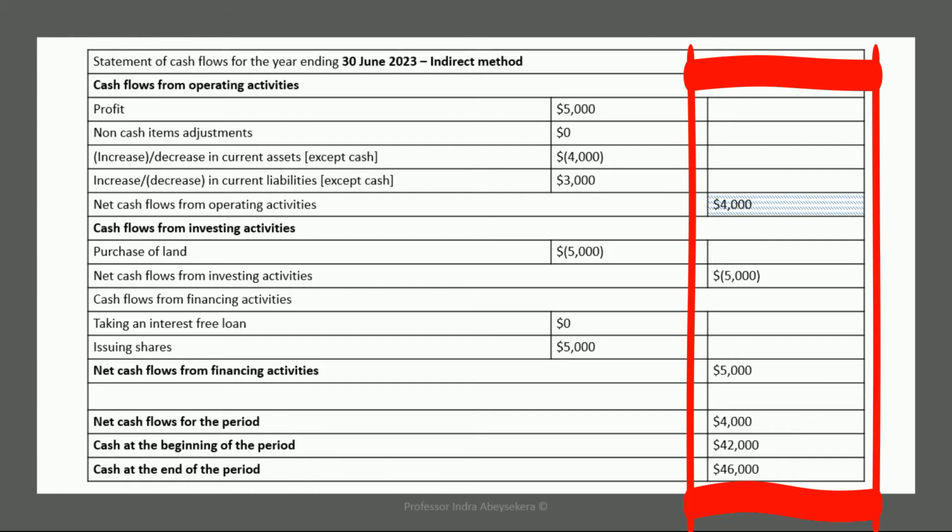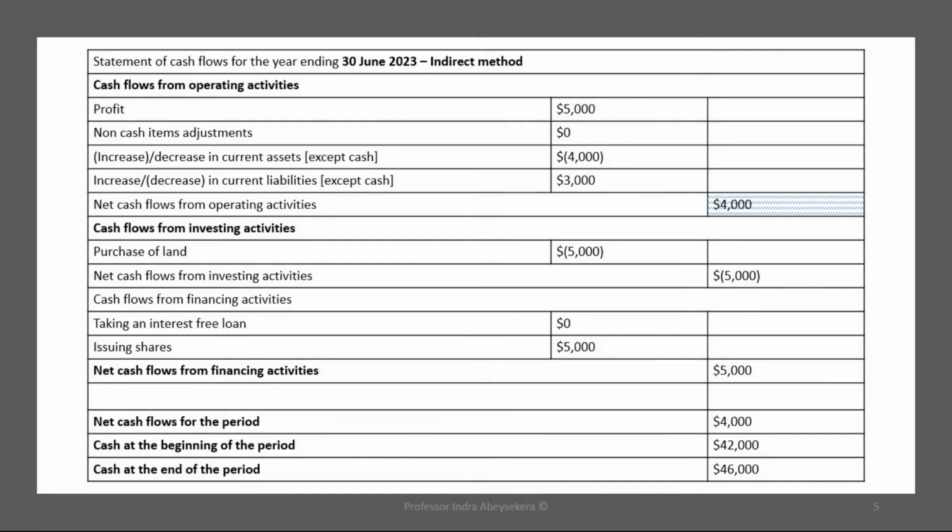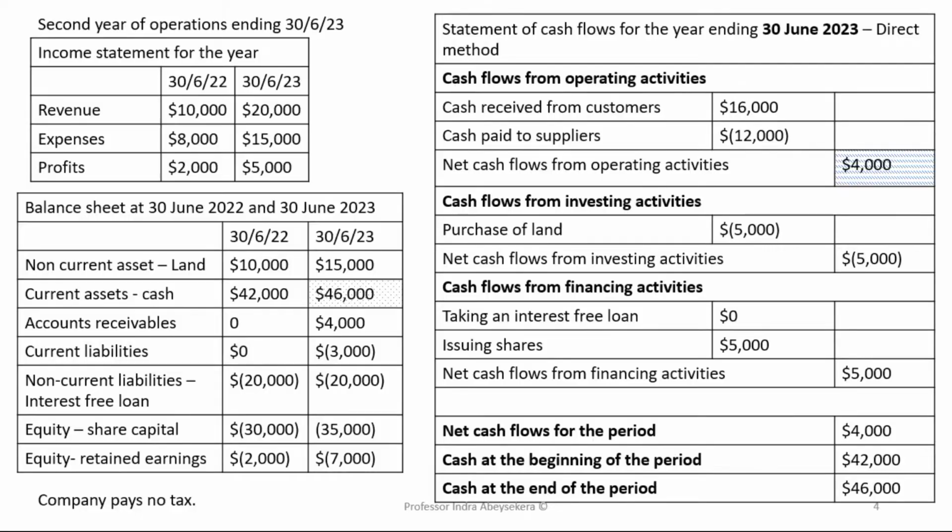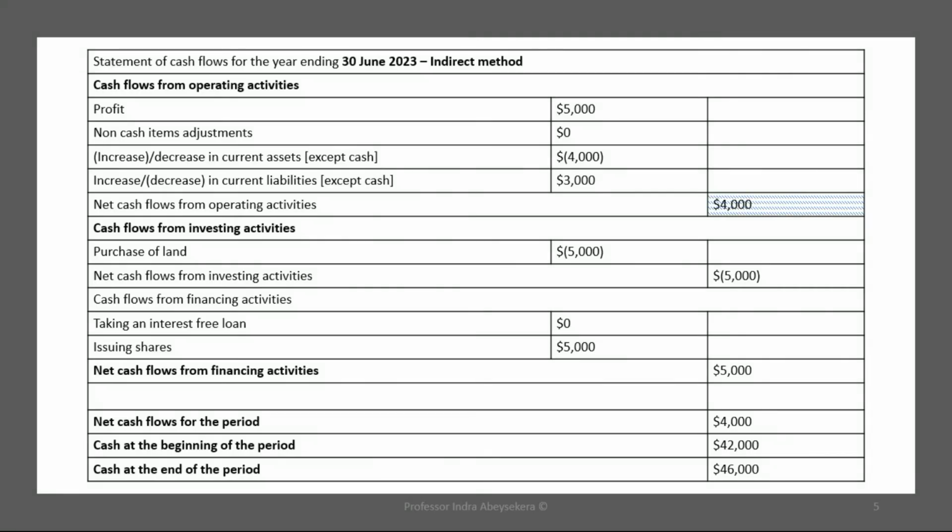And when we add them together, we come up with $4,000. Cash at the beginning of the period, coming from the previous year, is 42,000, and we need to prove that the cash at the end of the period is 46,000. And when we add the net cash flows for the period to the beginning of the period, we come up with cash at the end of the period of 46,000.